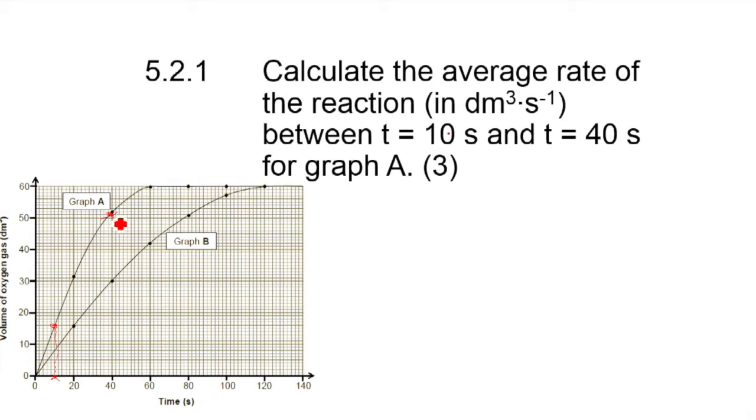So you are going to look for delta Y, which is Y2 minus Y1 over X2 minus X1. And when you do that, you will definitely come to an answer which is very close to 1.2 decimeter cubed per second.